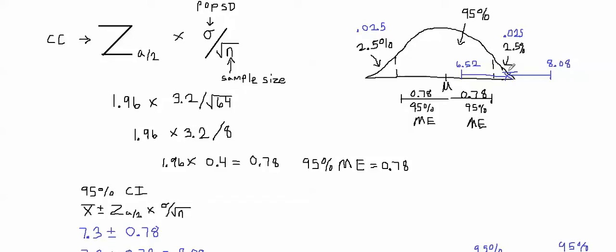So if my sample mean is way up here in the upper tail, in the upper 2.5%, then that means that the population mean is somewhere below the lower end of my confidence interval. It's somewhere down here. So basically, if the sample mean is in the lower 2.5%, then the entire interval falls below the population mean.